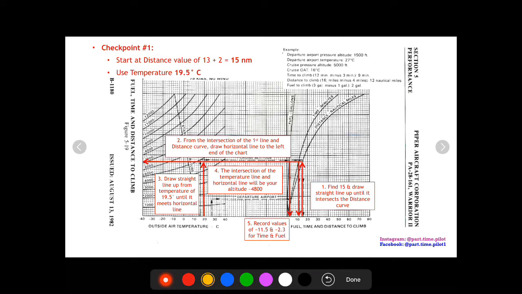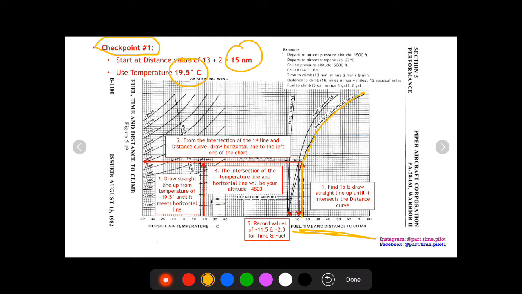Now we can go ahead and do the calculation using our fuel time and distance to climb chart. Let's start with checkpoint 1. We said we're going to use a distance value of 15 nautical miles and a temperature which we estimate of 19.5 degrees. So how do we start? We're going to start over here on the right side of the x-axis, find 15 nautical miles, and draw a straight line up until it intersects the distance curve.